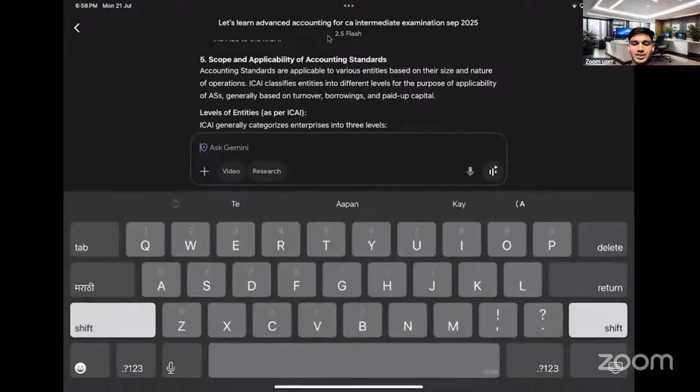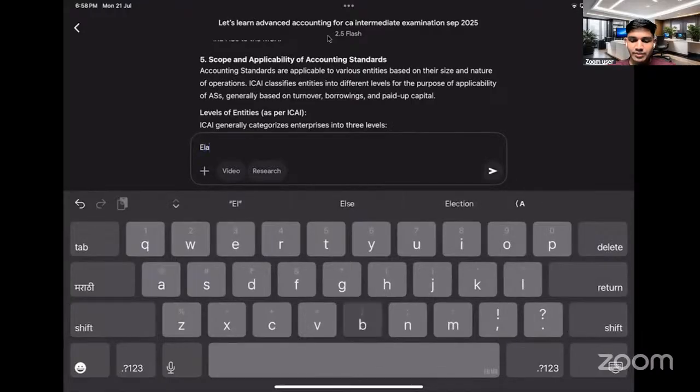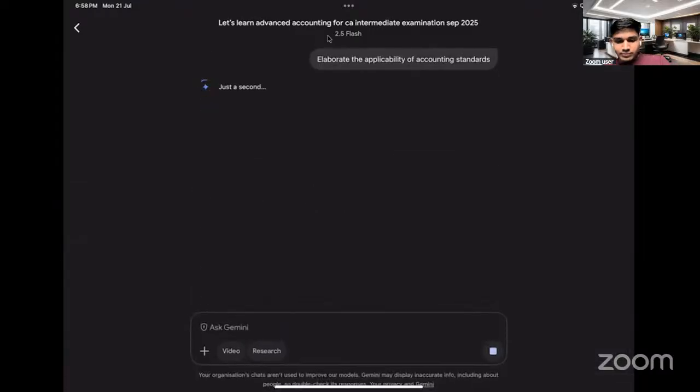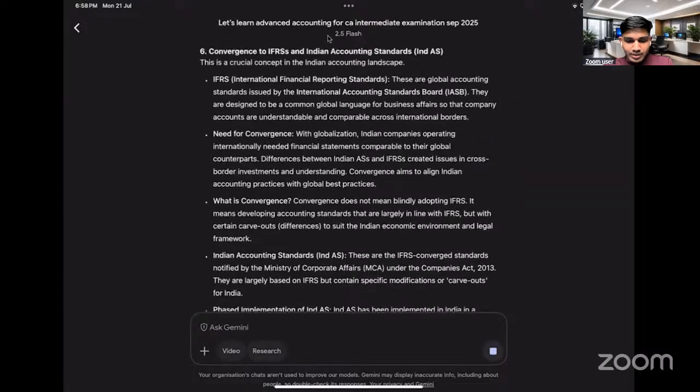So we will ask it to explain and elaborate the levels and applicability of standards. So we will see that later on.